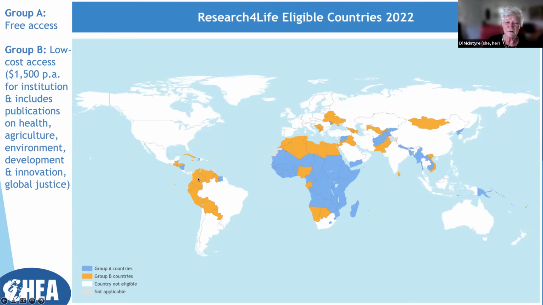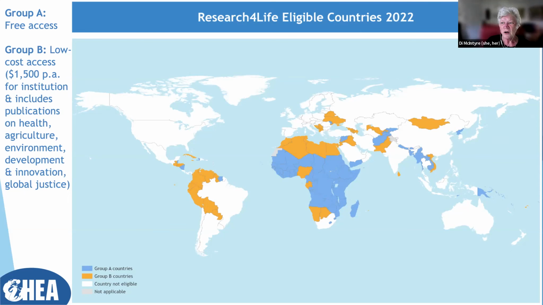The low middle income countries have access. It costs $1,500 per annum for the institution, but that is for like an entire university, and it includes publications on health, agriculture, environment, development and innovation, and global justice.